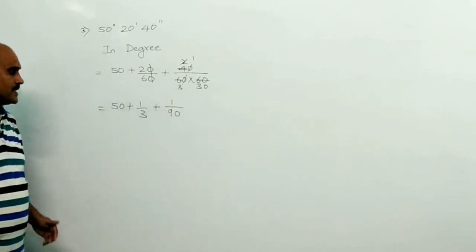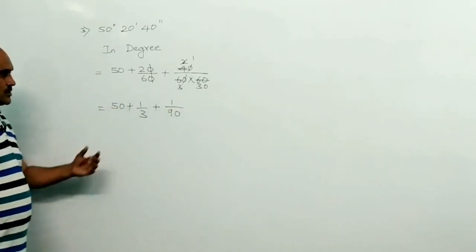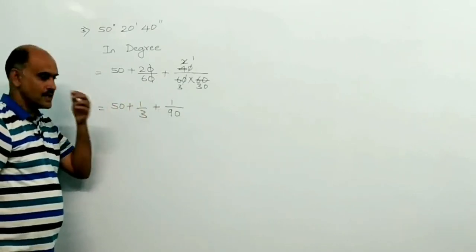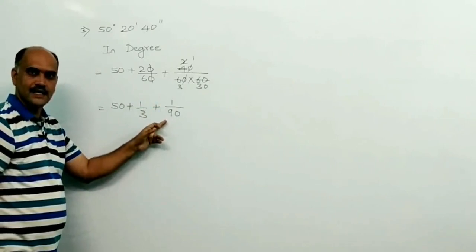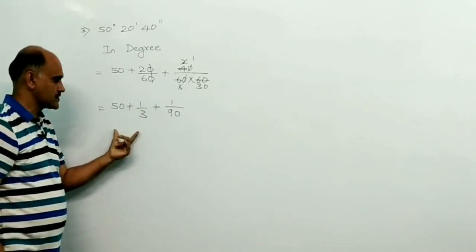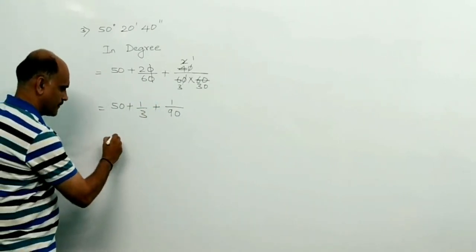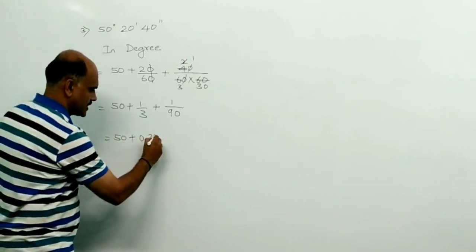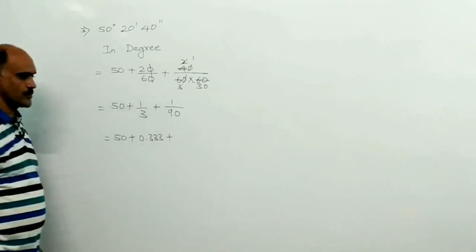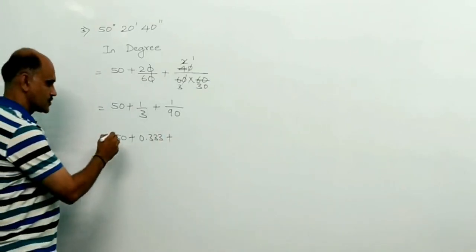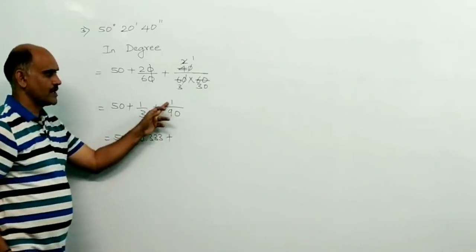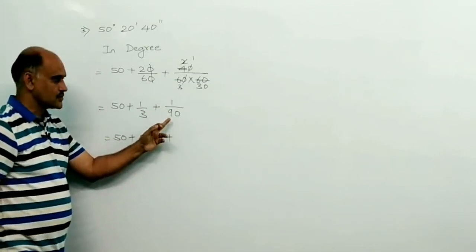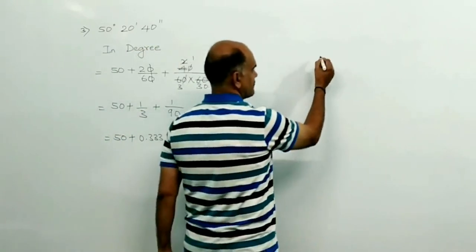Now you can take LCM, or else using a calculator you divide this and write the answer. So this is 50 plus 1 by 3, which is 0.333. Similarly, 1 by 90 you divide.